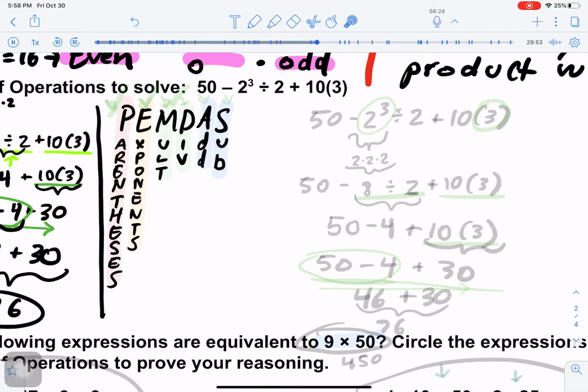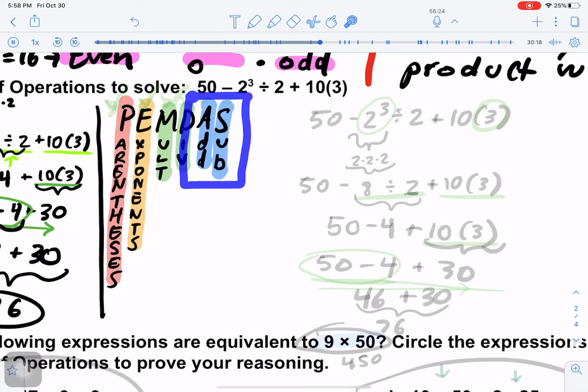We also know that we do everything in parentheses by itself. We do everything in exponents as itself. But when we get to multiplication and division, we think of these as a pair combined. So it can be either multiplication or division. And when we get to the addition and subtraction, those are also a pair. So any addition or subtraction, we work from left to right.